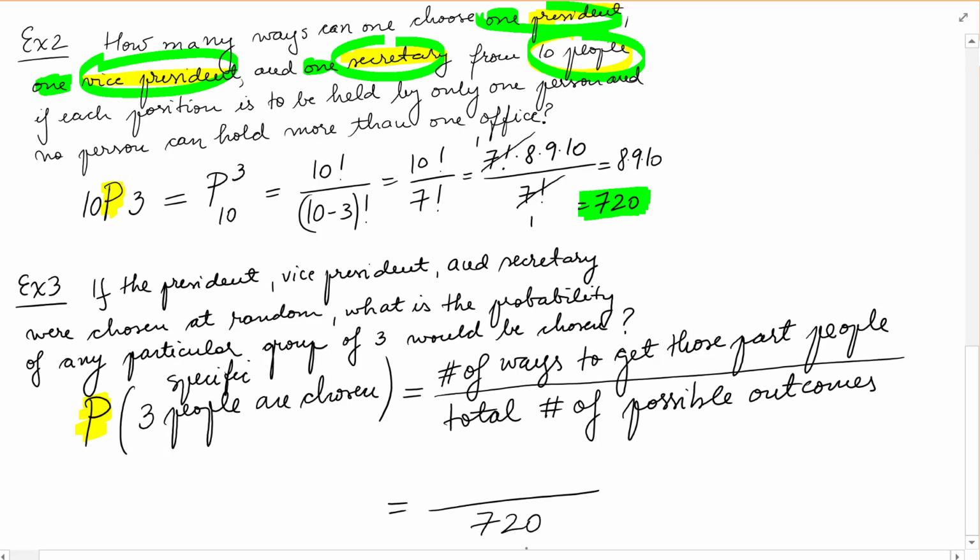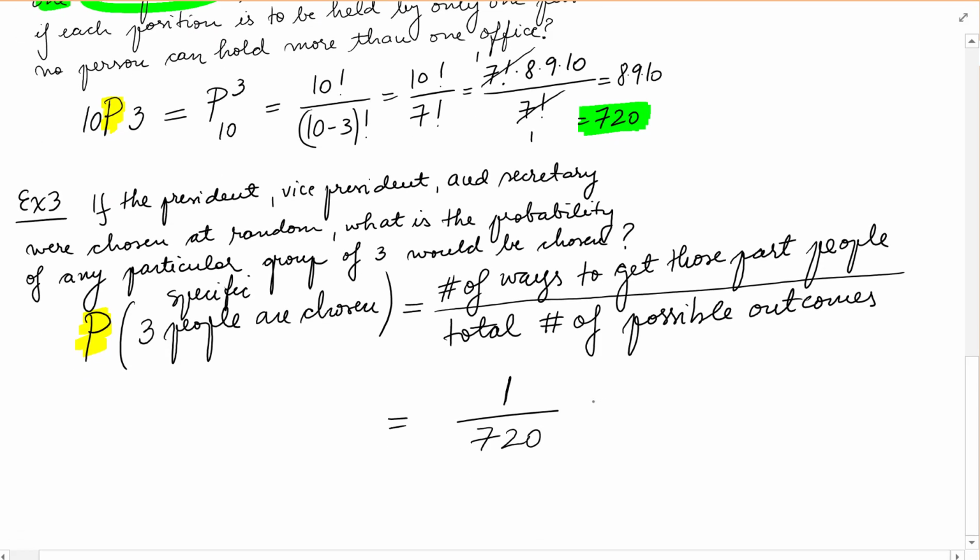Now, if we want to choose 3 specific people like John, Mary, and George out of all those 10, only these specific ones, there is only one possibility to do that. So the probability is 1 over 720, which you can divide if you had to calculate using decimals. So 1 divided by 720 is 0.00139 if we were to round to 5 decimals.